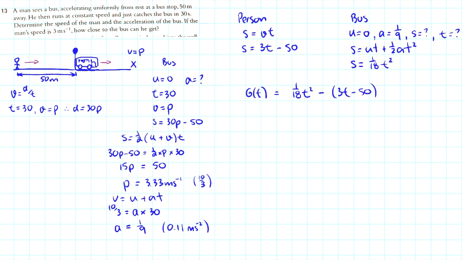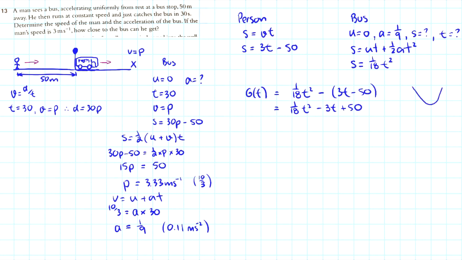We were told the person doesn't reach the bus, which makes sense because they're running slower than they did before. So we have a quadratic: 1 on 18 t squared minus 3t plus 50. What we know about this quadratic is it's a smiley quadratic.